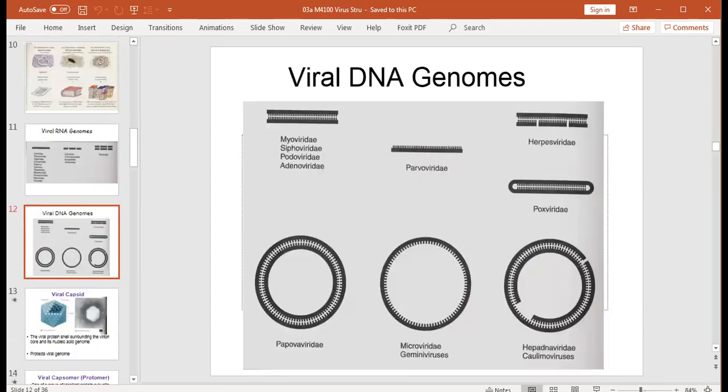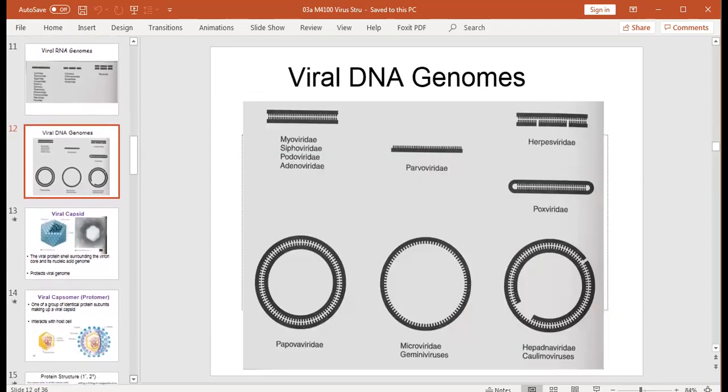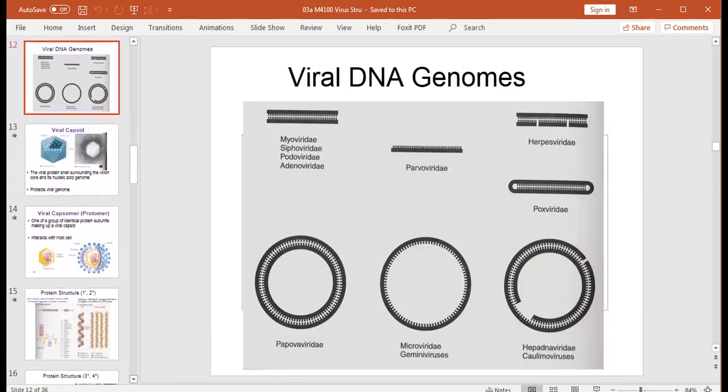Slide number 12 is actually a depiction of the same concept where viral DNA genomes can be in different shapes. They can be double-stranded, single-stranded, segmented, or double-stranded circle or single-stranded circularized.